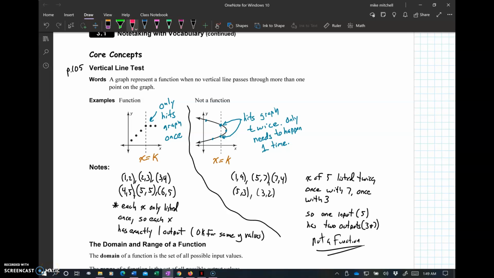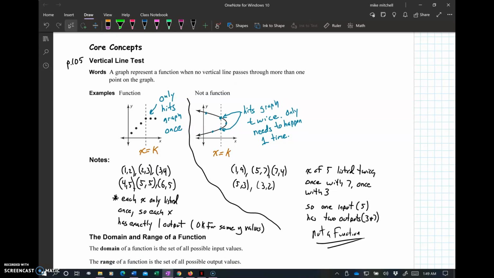Okay, always lots of good stuff on these core concepts pages and notes. A lot of it answers the previous page. This vertical line test is another way to tell if a graph represents a function. No vertical line passes through the function more than once.